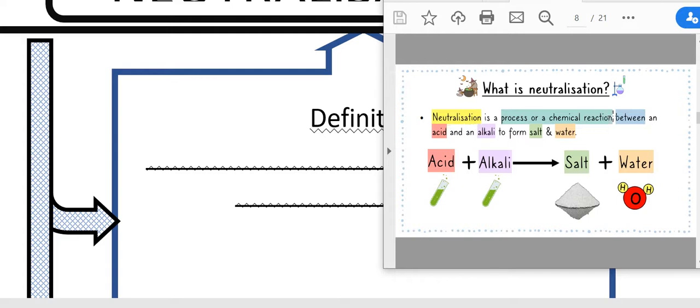That is the definition, and also from the definition you can get the word equation.